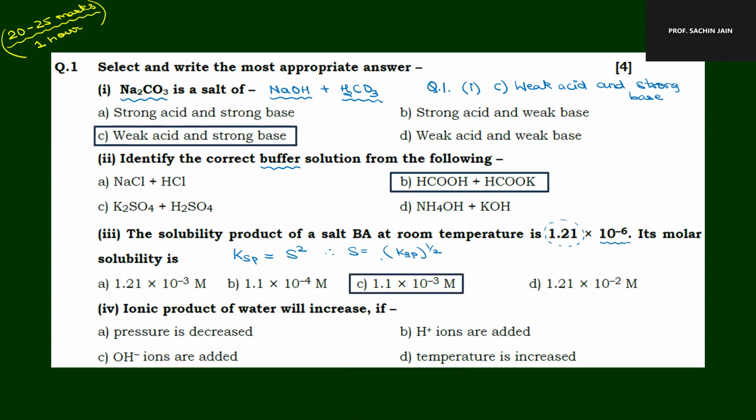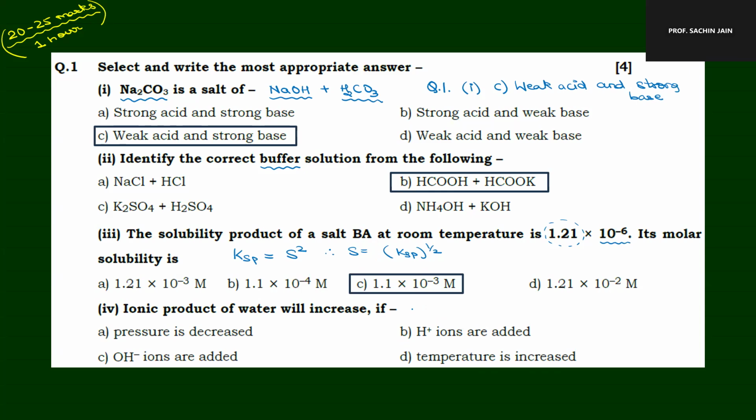Next, fourth one, ionic product of water will increase if temperature is increased or decreased. Of course, यहाँ पर तो एक ही option है, temperature increase. लेकिन फंडा क्या है, concept. Endothermic. Super.